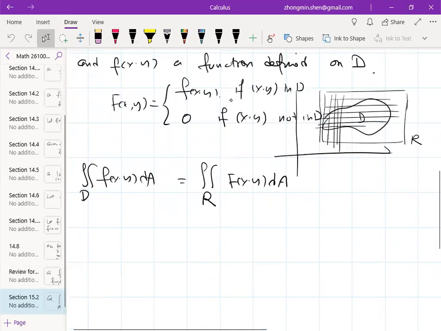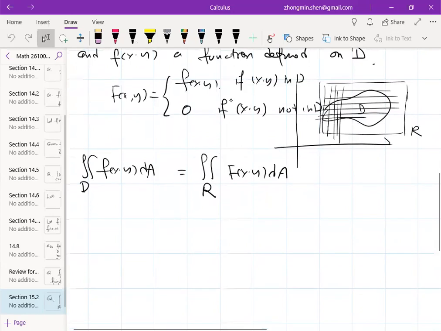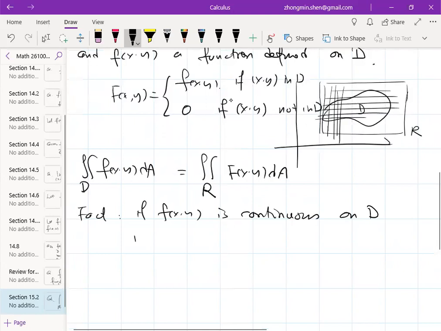Okay. Now, using this, we can apply the Fubini theorem again to solve the problem. Okay. So here's the important fact. If f of x is continuous on D, then the Fubini theorem still holds for this double integral on the right-hand side.